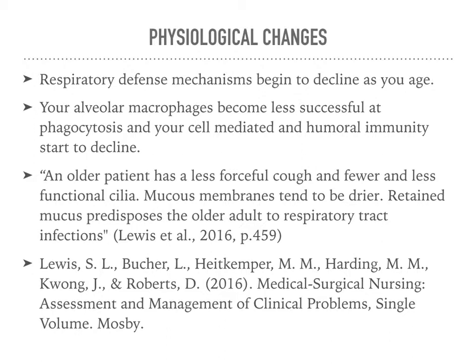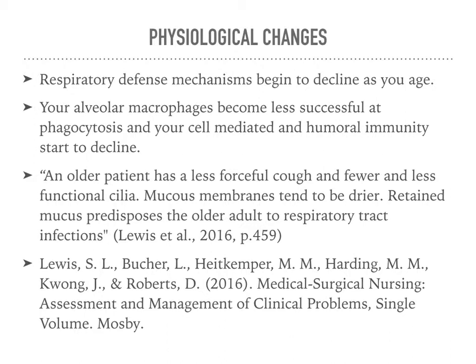And then we have our last physiological change slide, about our respiratory defense mechanisms and how they begin to decline as you age. So your alveolar macrophages become less successful at phagocytosis, and your cell-mediated and humoral immunity starts to decline. And something I found interesting is actually that the formation of secretory immunoglobulin A, which is super important in defense, starts to become significantly diminished.